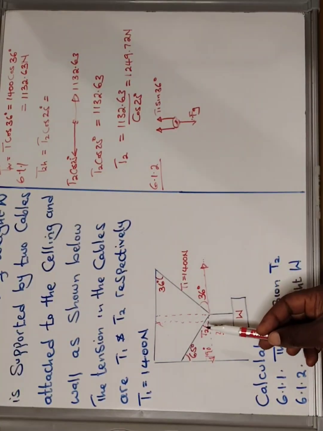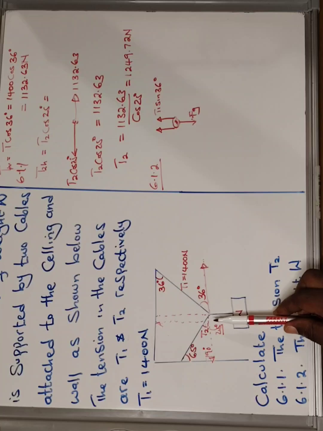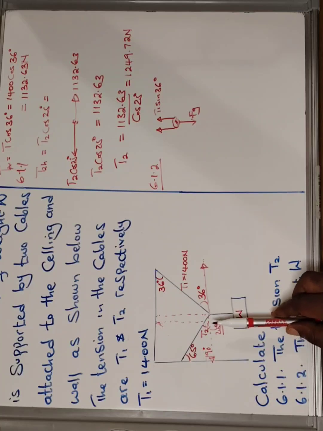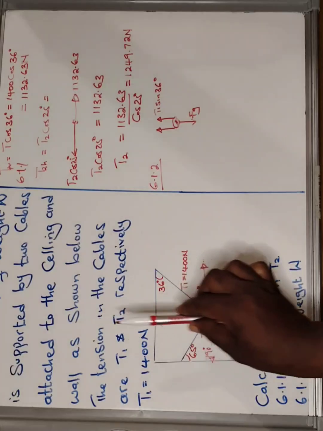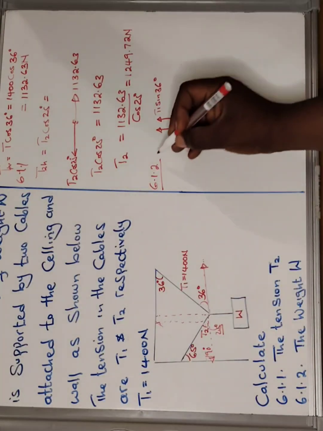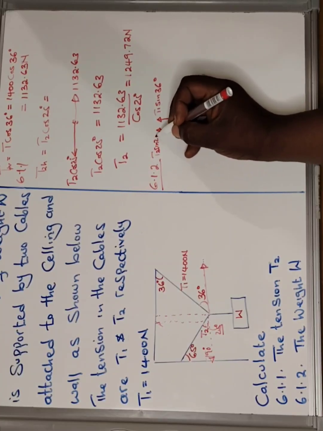Okay, let's come this side. The same applies here. Remember I said this angle is 25, and so we use cos 25 for the horizontal. But now we need to know this component of this tension going upwards, and it's going to be T2 sine 25.